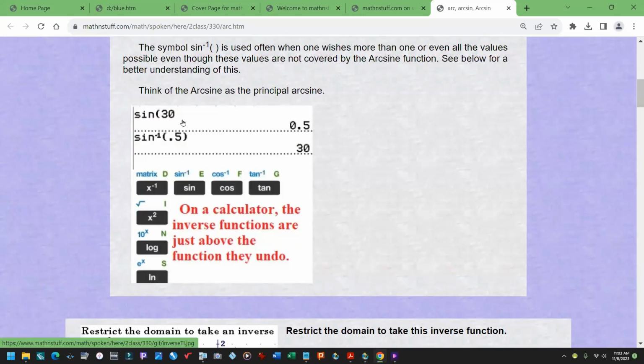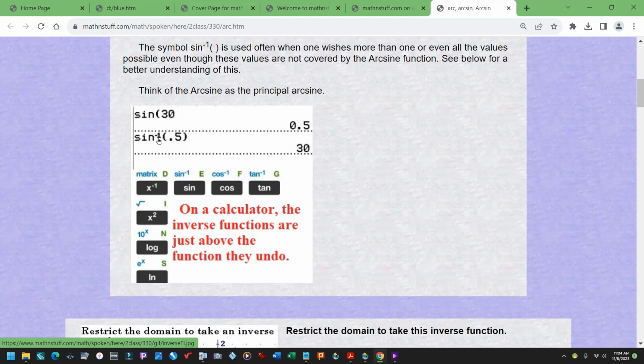If you want to find the sine of 30 degrees, you better get a half. That'll tell you your calculator's in the degree mode. So, if you want to take the arc sine, the angle whose sine is a half, you better get 30 degrees if you're in degree mode.